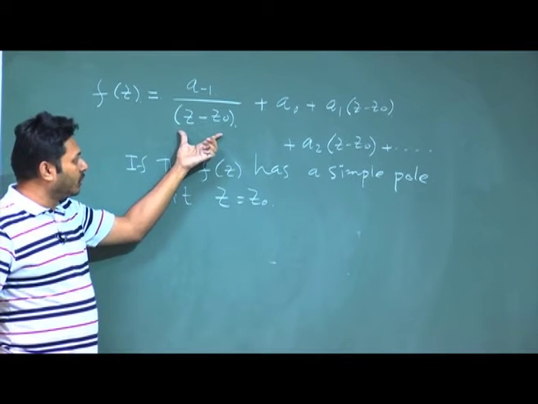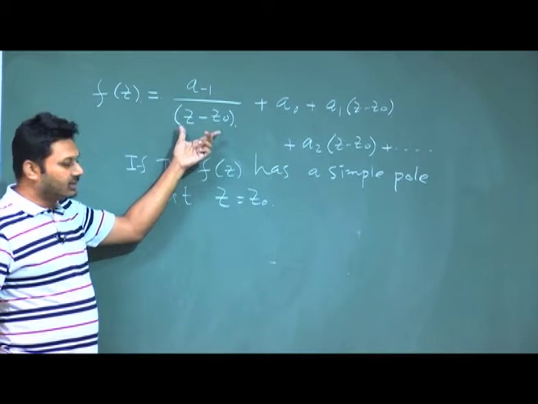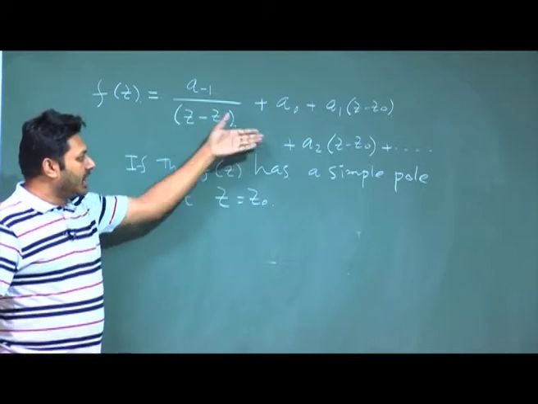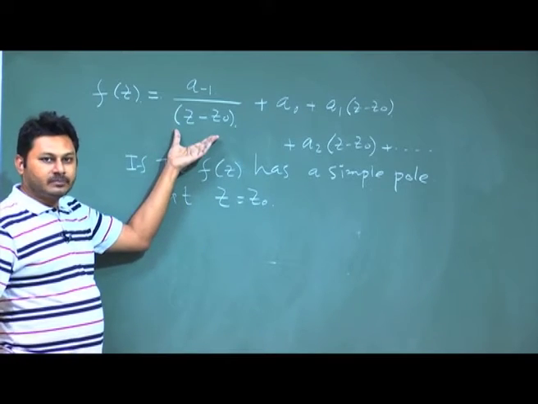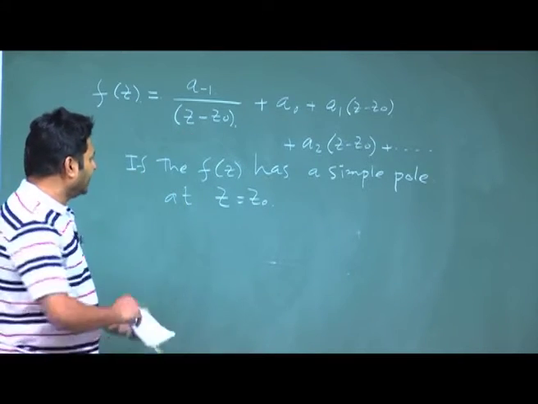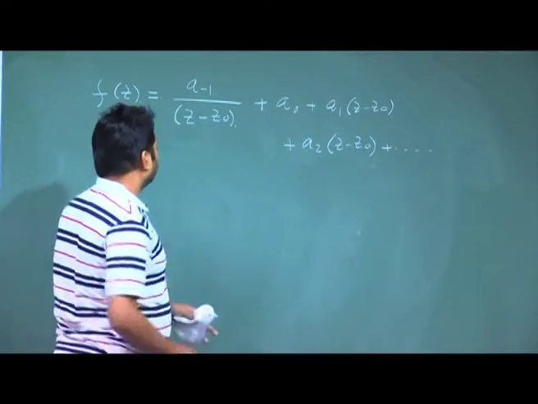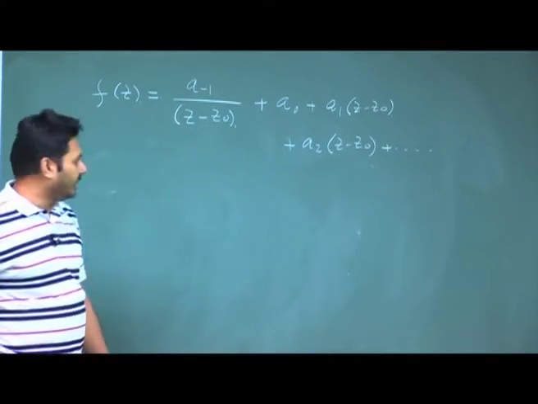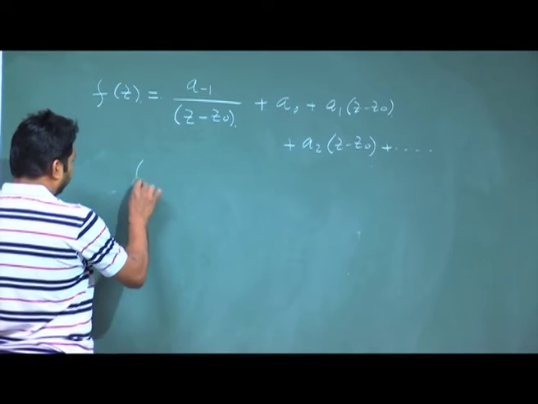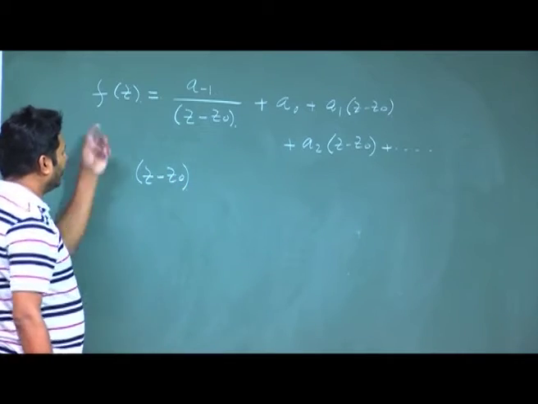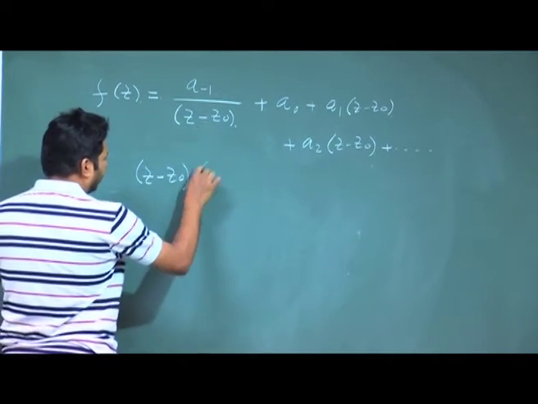This is a pole of order 1, that means it is a simple pole. Once I expand this function in this way, it is easier for me to calculate a_{-1}. How to calculate a_{-1}? I will just multiply the quantity (z minus z0) to the entire function.